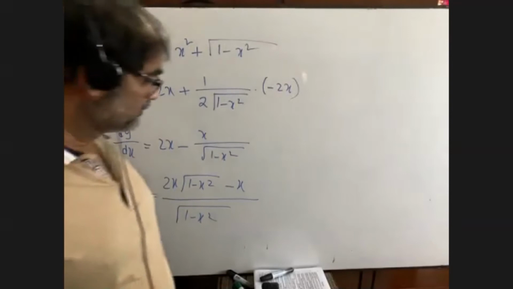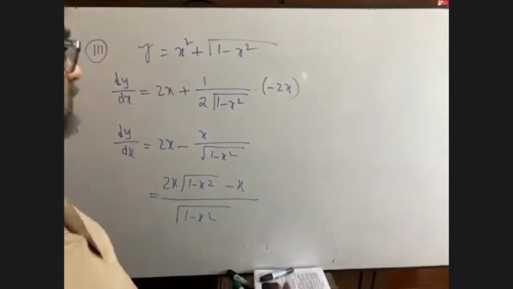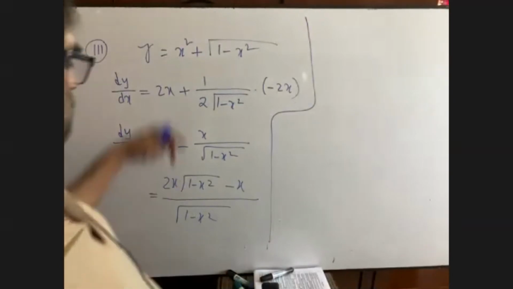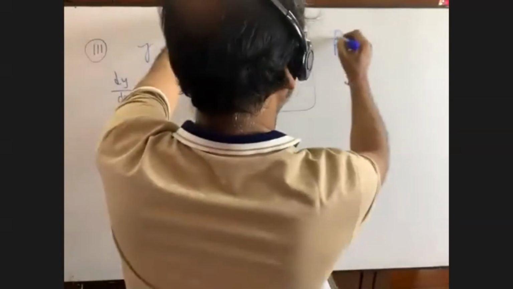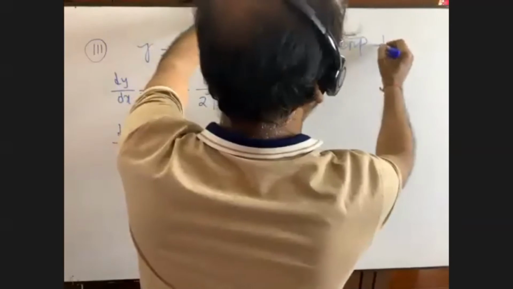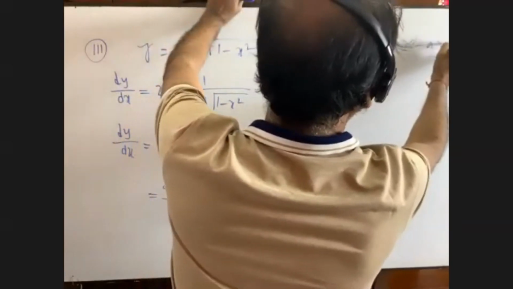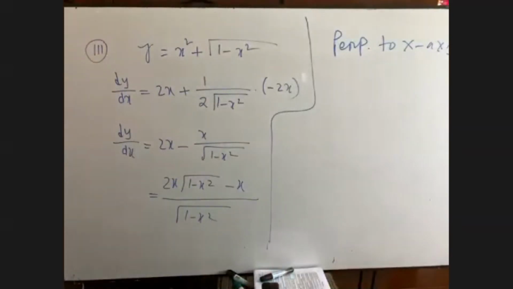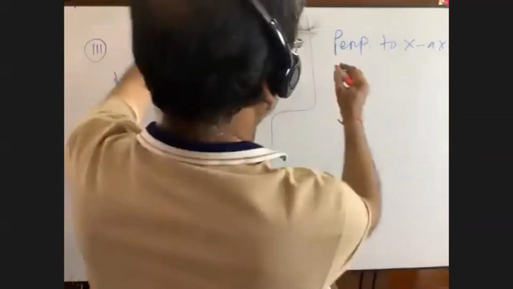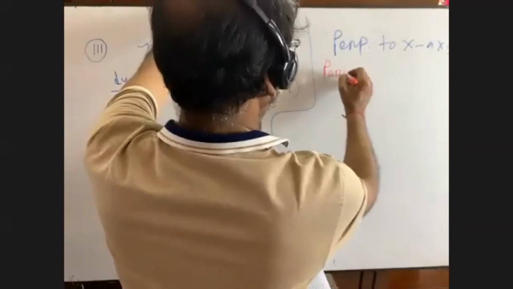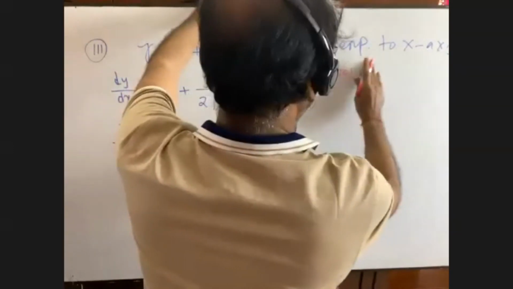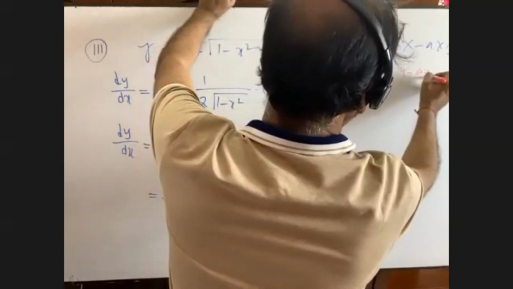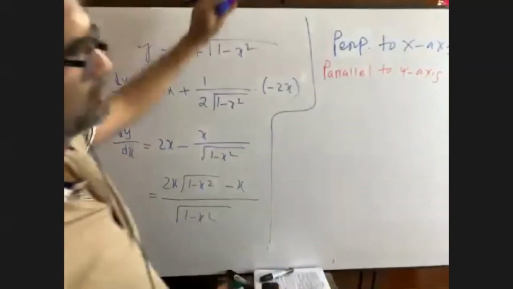It is told perpendicular to x-axis. What is meant by that? Perpendicular to x-axis means what? Let me know. Parallel to y-axis.